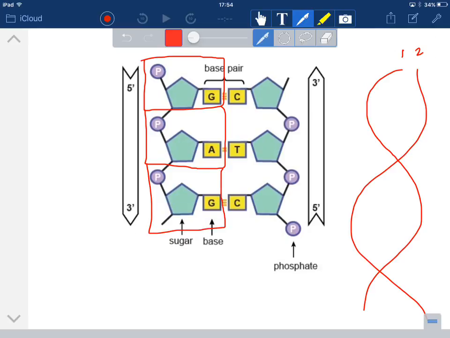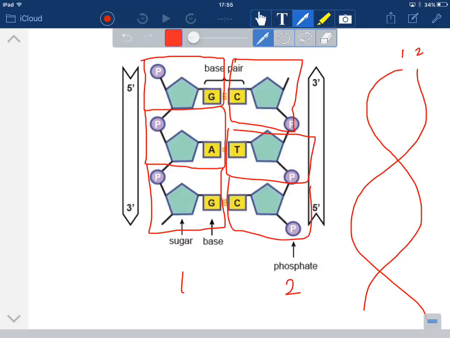And what we need to know is the basic structure of a nucleotide, and we need to know how they bond together to form a polynucleotide, poly meaning many, and the way that those polynucleotides interact with each other in strands 1 and 2. You can see that the structure is the same as well, in that this strand has nucleotide, nucleotide, and nucleotide. So that is how DNA is bonded.